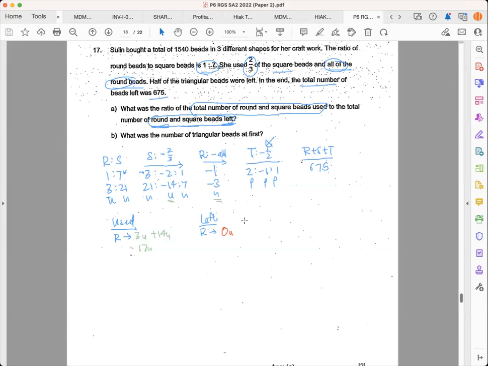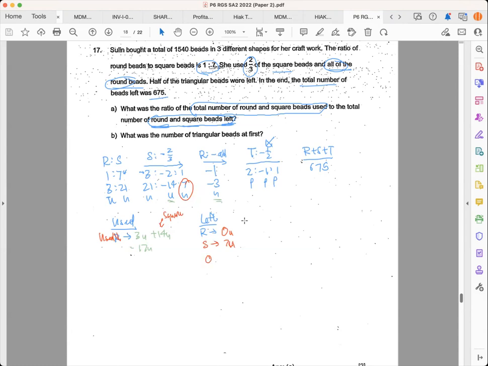Square bits left will be 7 units. By the way, this is the square. This is the round, I should say used.